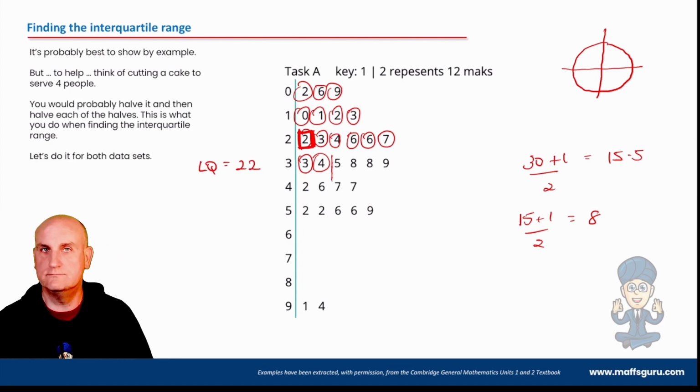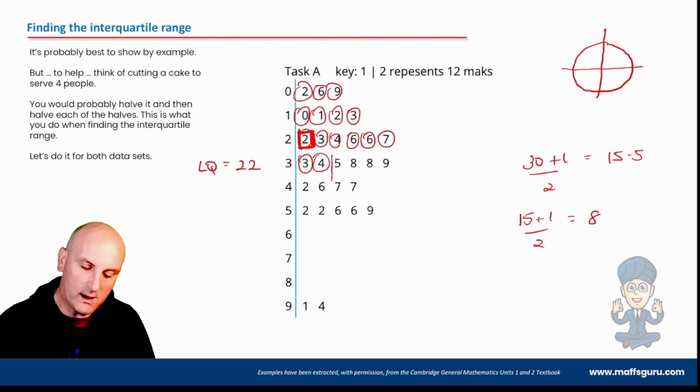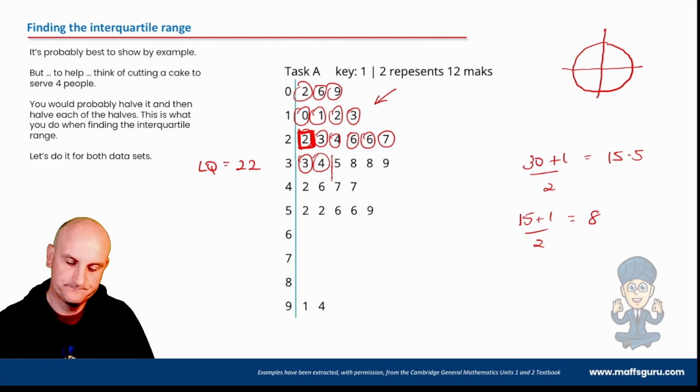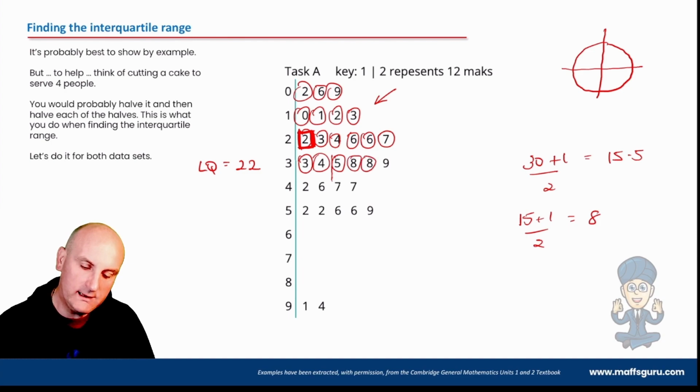What do you reckon we do now? Well, we cut the last half. The good thing is, if for the lower half it was the 8th data item, for the upper half it is also the 8th data item from the end. So let's look at this again: 1, 2, 3, 4, 5, 6, 7, and there is my 8th data item.